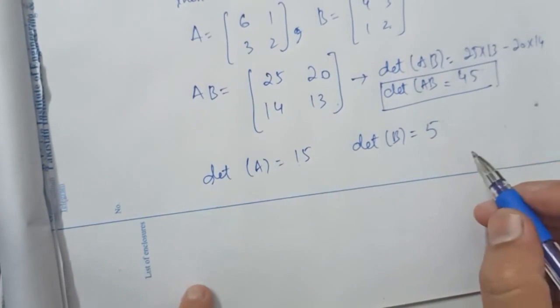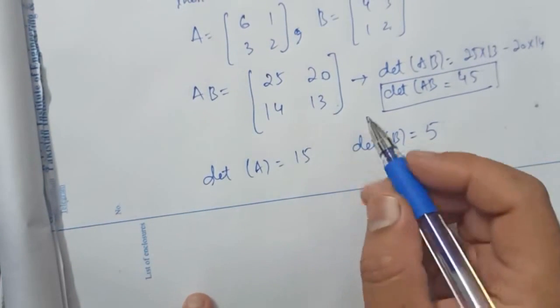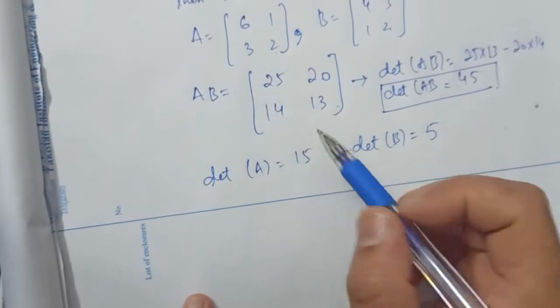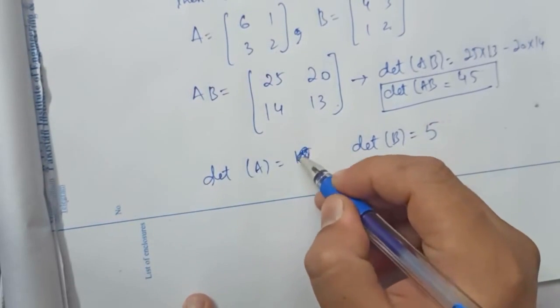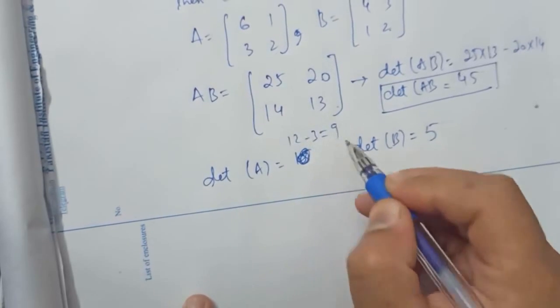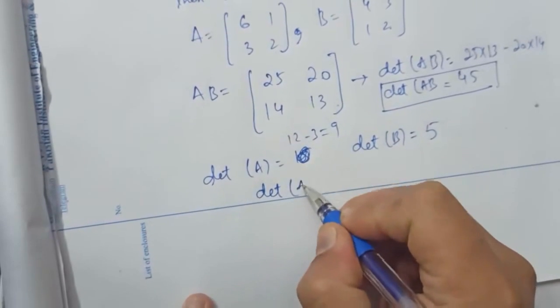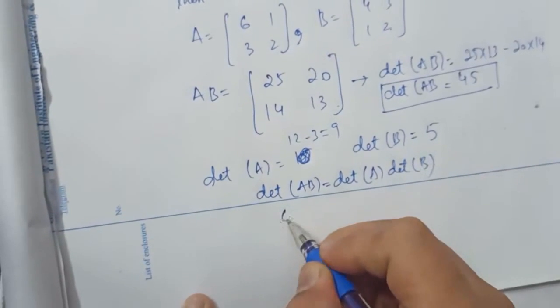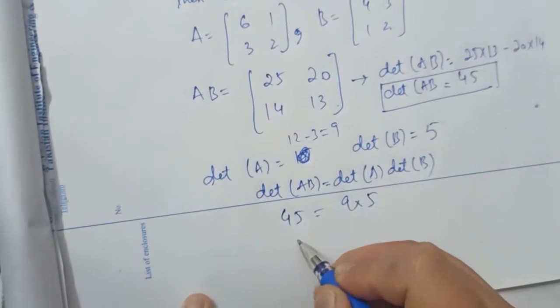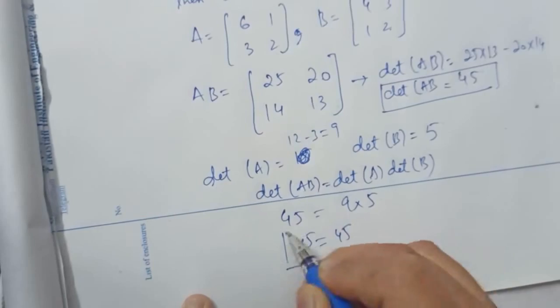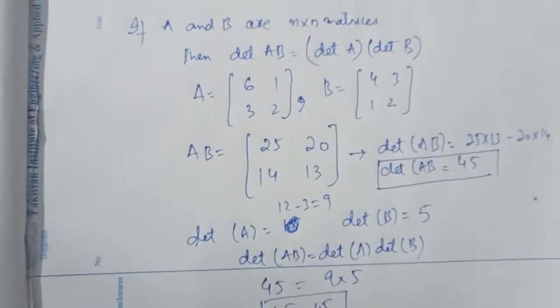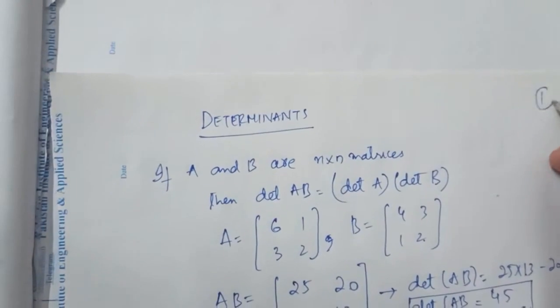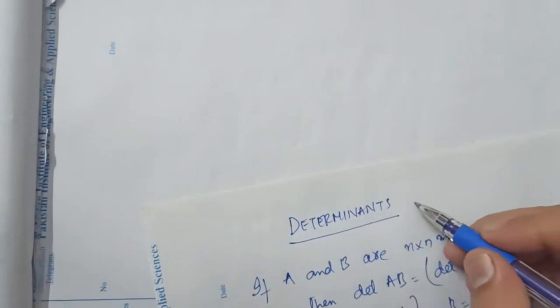So determinant of AB is equal to determinant of A times determinant of B, that is 45 is equal to 9 into 5, okay, so 45 is equal to 45. So if you have the product of two matrices, you can say the determinant of AB is the multiplication of the individual determinants of these matrices.